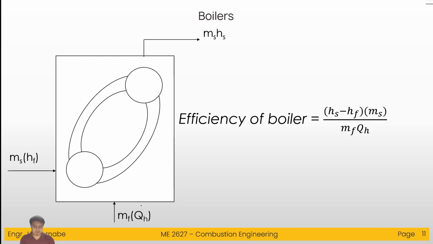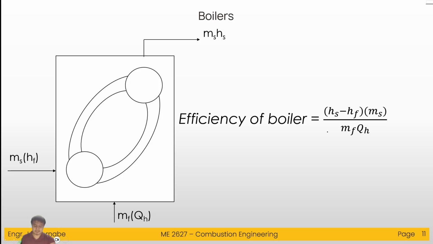So we have to input the heat in terms of the heating value of the fuel times the mass of the fuel. Therefore, the efficiency of the boiler is the output over the input. The output is how much steam is generated over how much input of heat goes into the boiler. So that's basically it.